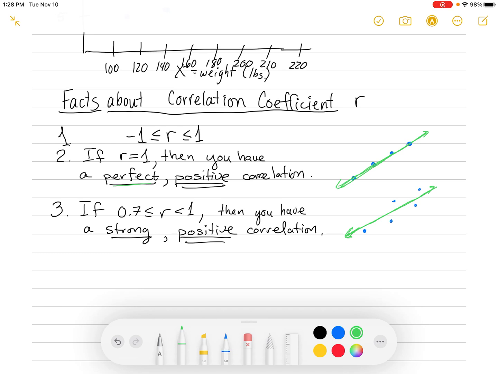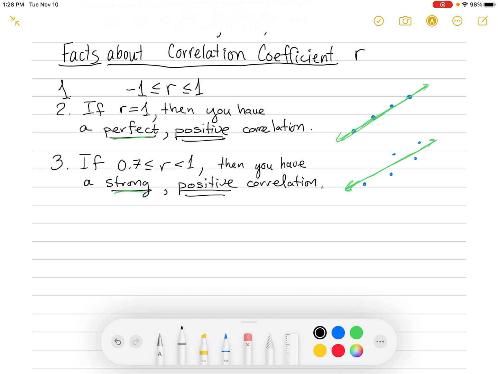So it's strong because the line gets pretty close to the points. And it's positive because the line is moving in an increasing direction from left to right. It's going upwards.